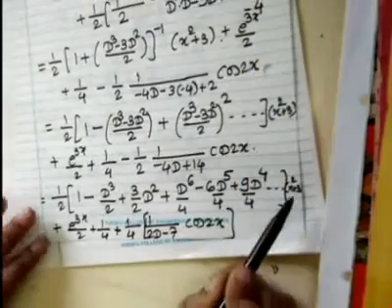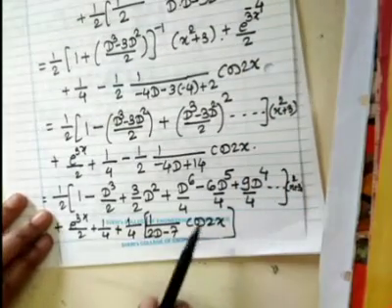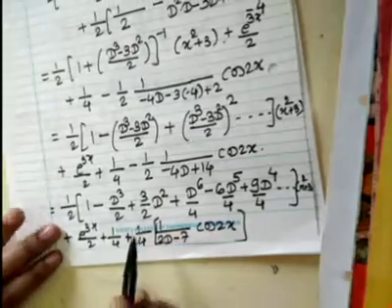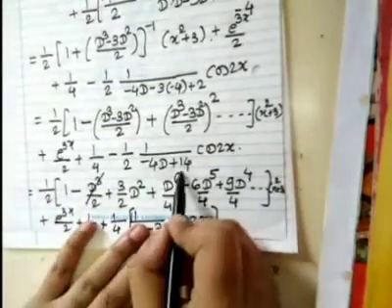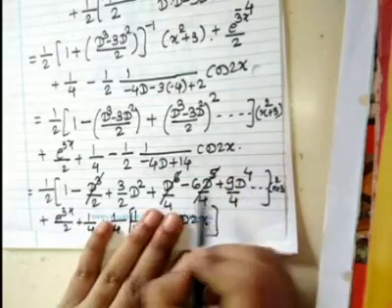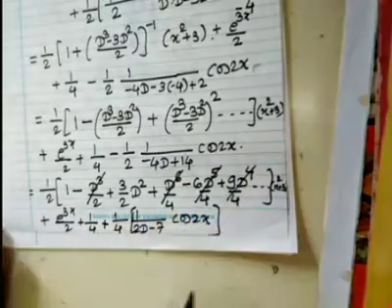As it is x square, the terms cancelled will be d cube, d raised to 6, d raised to 5, d raised to 4.